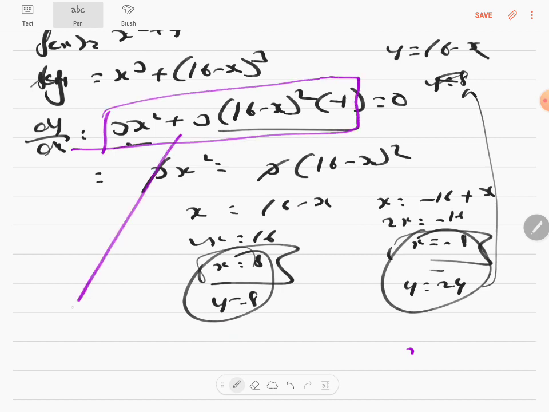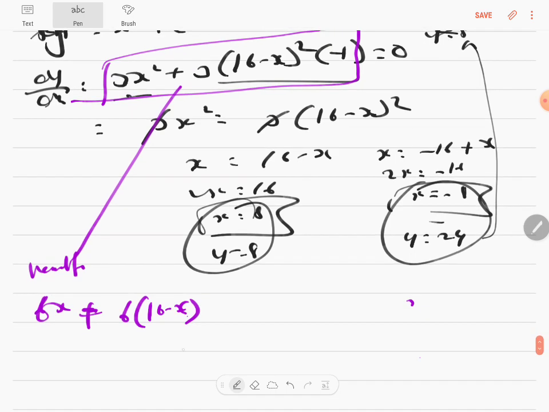Yes, ma'am. Going to take this and do a verification, which will become 6x, plus, there's a minus sign already existing, and 3 twos are 6 into 16 minus x, and another minus, so plus, correct? And this is the double differentiation's value, and you're going to put x is equal to 8 in this. Put x is equal to 8, it will be positive.